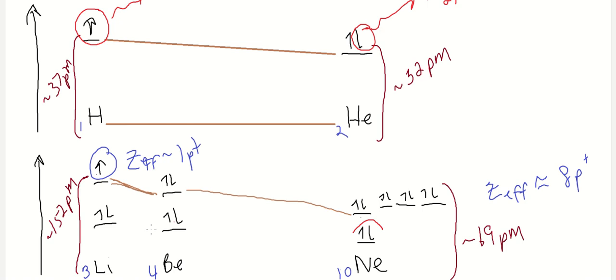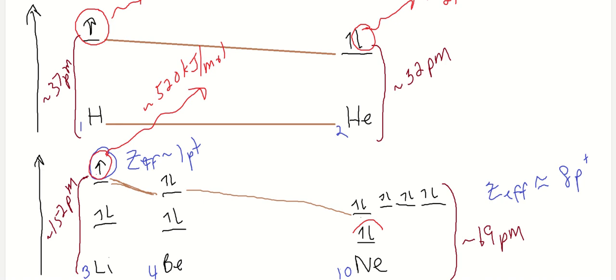So you would expect it to be much easier to remove lithium's valence electron, because not only is it farther away, but it's also being shielded by two core electrons. Turns out it takes only about 520 kilojoules per mole to ionize lithium's valence electron.